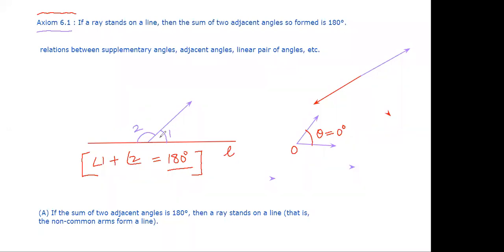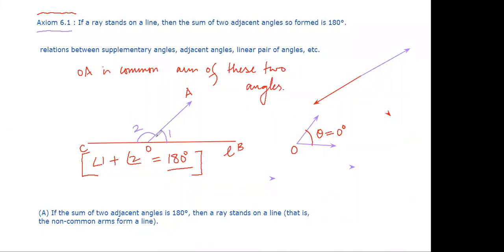Now, students, you see, one angle has arms, let's say OA and OB, and angle 2 has arms OA and OC. Is it right? OA is the common arm of these two angles.